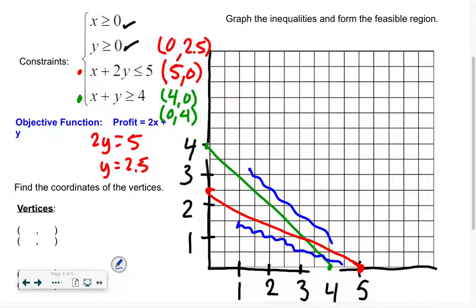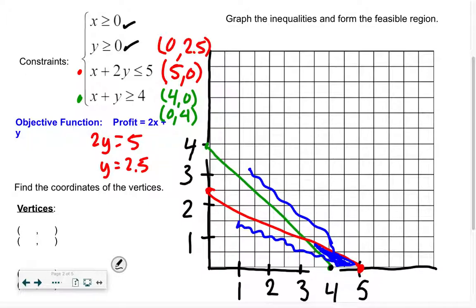So where they cross is this little slice right here. And that satisfies my top two, right? X bigger than 0, y is bigger than 0. Okay. Alright, so now we gotta find vertices.